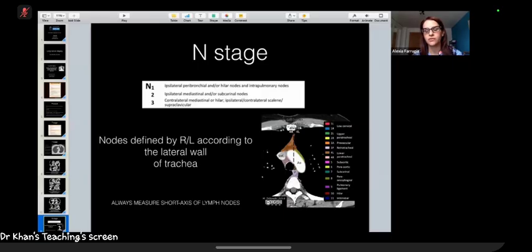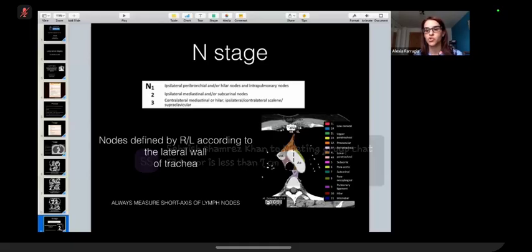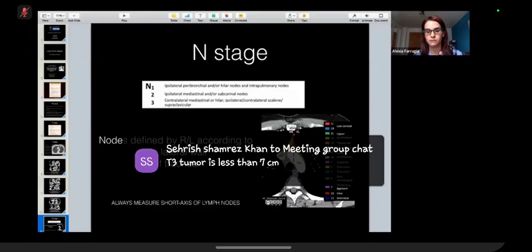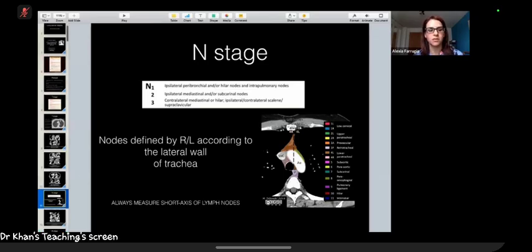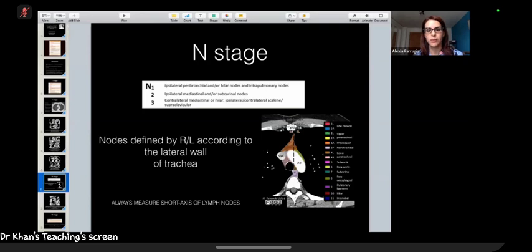Anything to the right of this line is contralateral, for example, in the case of a left tumor. And please remember to always measure the short axis of lymph nodes when you're measuring lymph nodes for staging purposes.